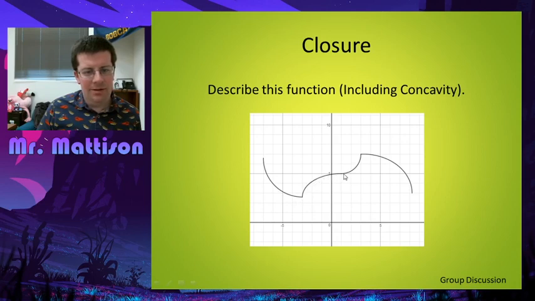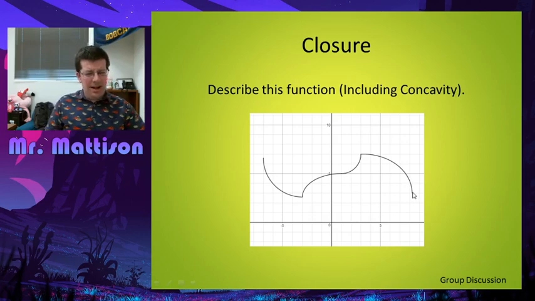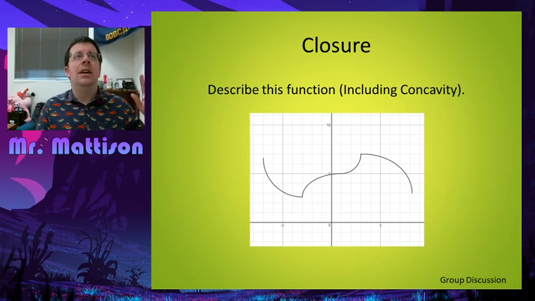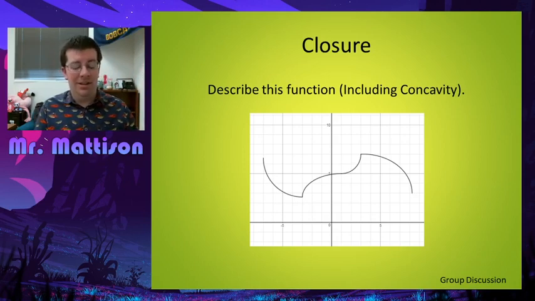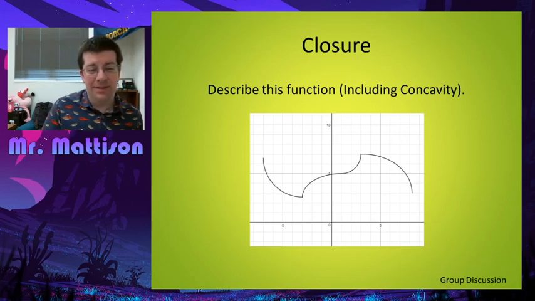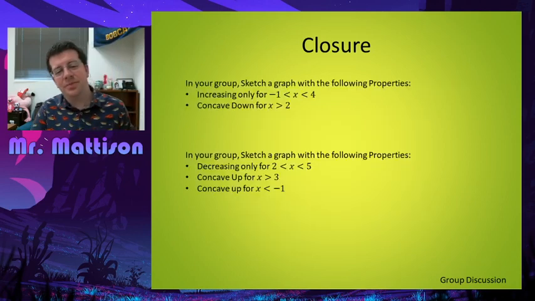Here to here, I'm increasing and concave up. And here to here, I'm decreasing and concave down. Hopefully those make sense as far as what those are going to look like, because concavity and increasing and decreasing are mixed up or thought to be the same incorrectly quite often. So let's watch for those.